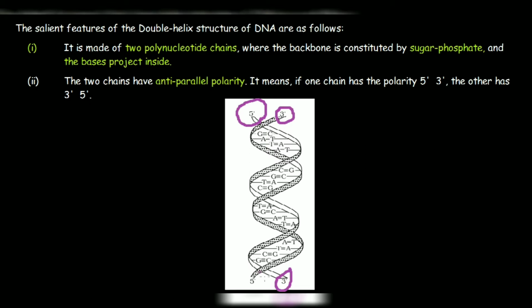We have already seen what this polarity means, because in a single strand of polynucleotide chain, one end will have a free phosphate group, which is referred to as the 5' end, because phosphate groups are always attached to the fifth position in a pentose sugar. On the other side it will have a free OH group, which is referred to as the 3' end of a polynucleotide chain, because OH groups are always attached to the 3' position in a pentose sugar.